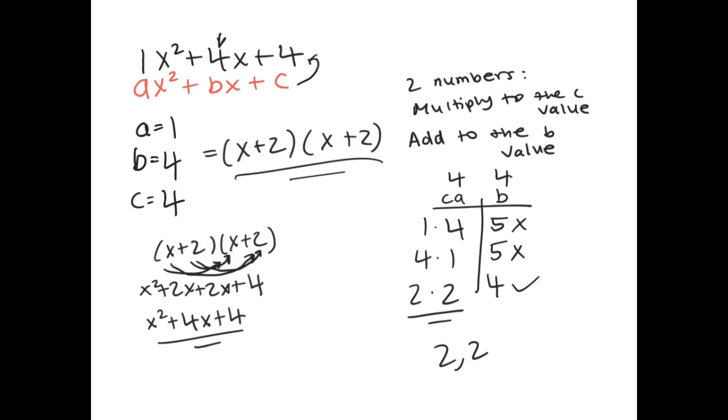Now let's look at a slightly different problem. Now, we'll take an example, which is going to be x squared minus 8x plus 12. Now let's just write out our quadratic equation. So ax squared plus bx plus c. So let's now identify our A, B, and C values.